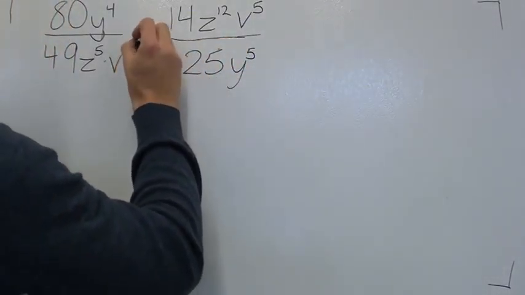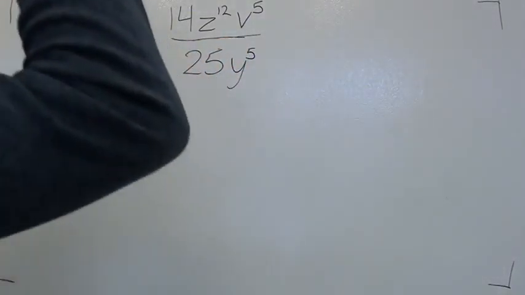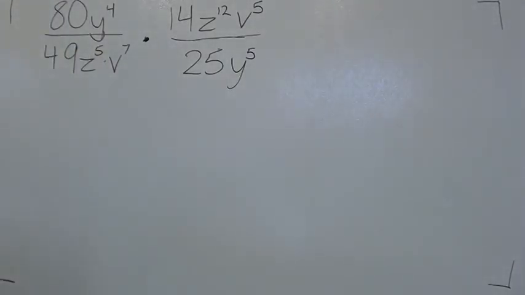And then this is now a multiplication problem. So that probably made things a lot easier right there. You might be able to see a few things to cancel out already, but we'll wait.